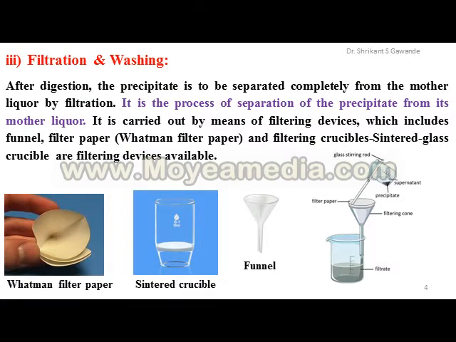The third step of gravimetric analysis is filtration and washing. After digestion, the precipitate is to be separated completely from the mother liquor by filtration.